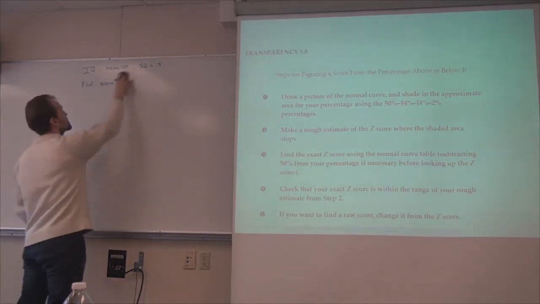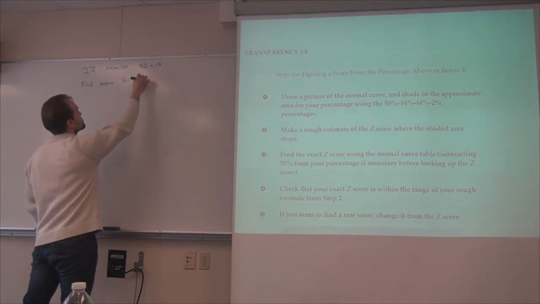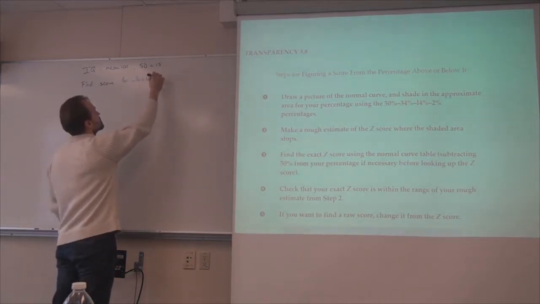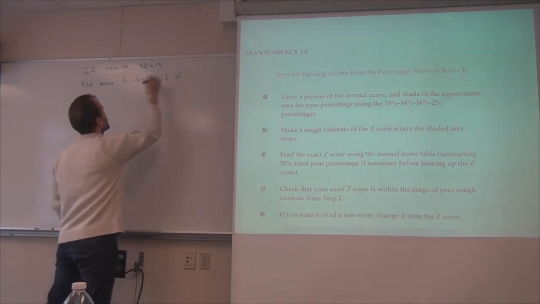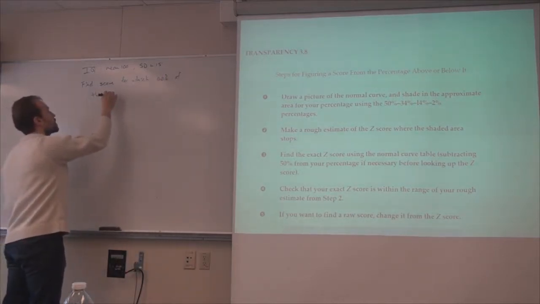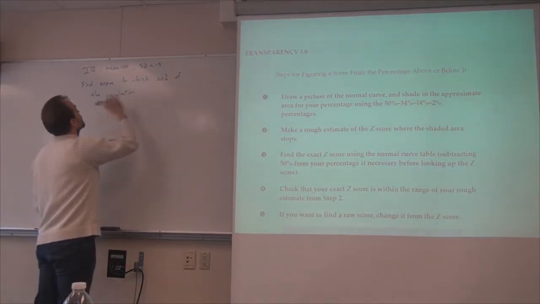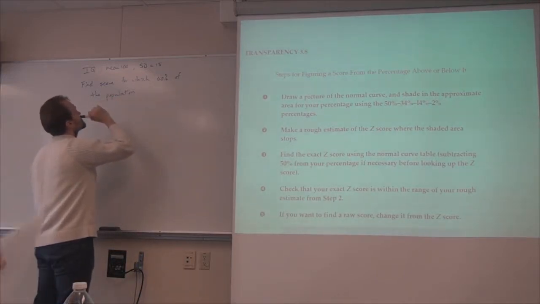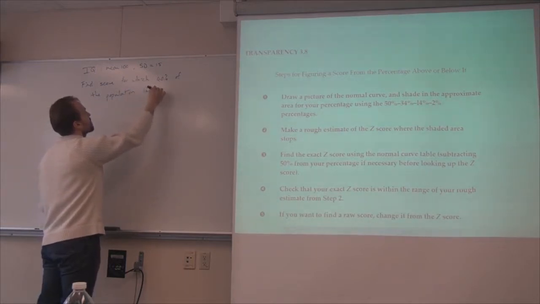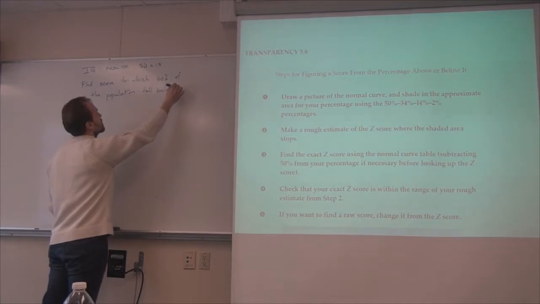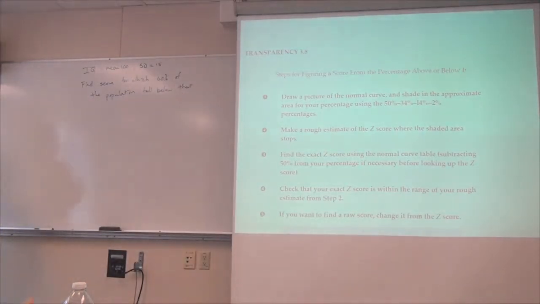Let's say, find the score for which 40% of the population fall below that score, or whatever. Grammar aside, does everyone understand the question?